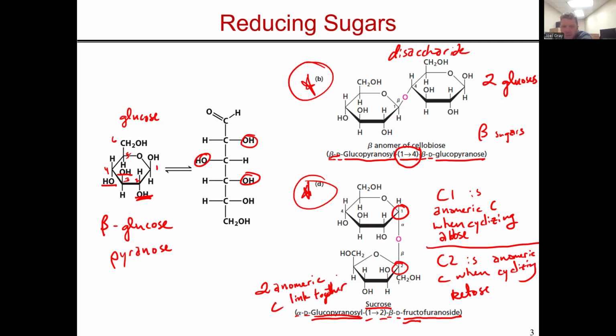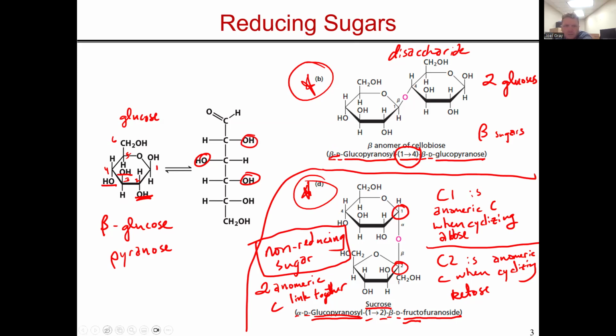By virtue of this being two anomeric carbons linking together, this is considered a non-reducing sugar. Whereas, let's look at our other disaccharide.